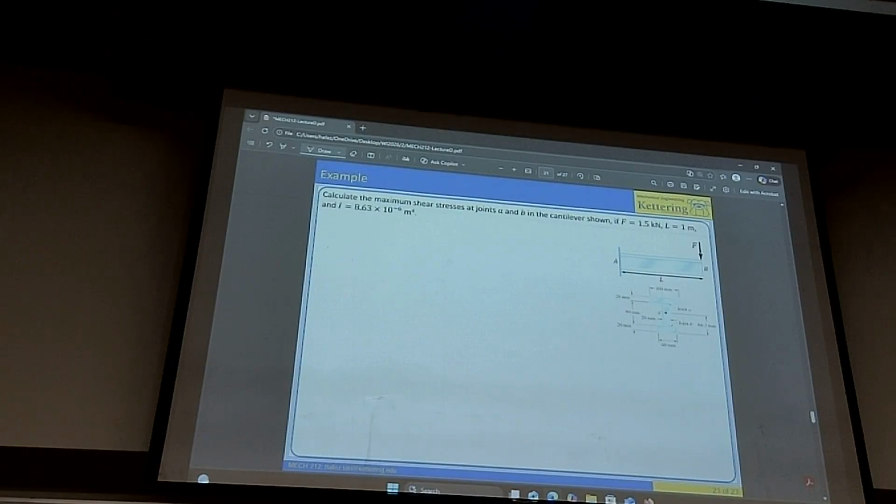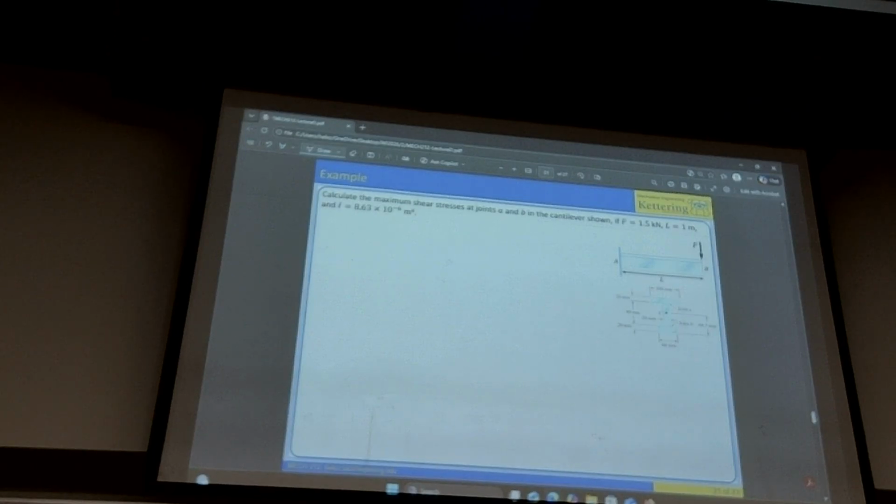So suppose you put those 3 lumbers on top of each other and you create this I-shaped geometry on the cross section. And then suppose you glue them right here and here. You want to calculate the stress at those 2 points.